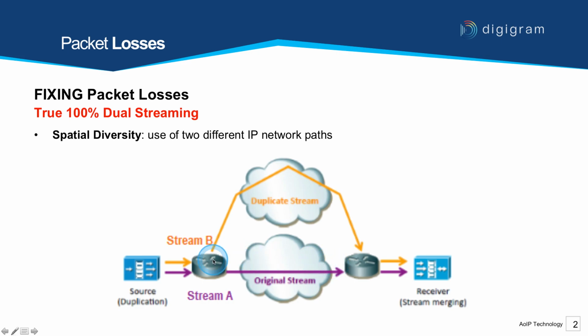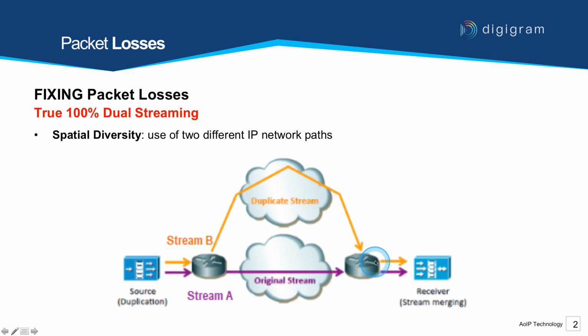So we literally have to have two network interfaces with two separate IP addresses in order to do this and have true 100% redundant streaming. So Fluid IP gives us multiple Ethernet ports, network interfaces that we can configure and send our streams over the internet and have it take a completely different path.